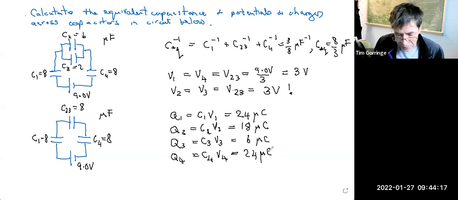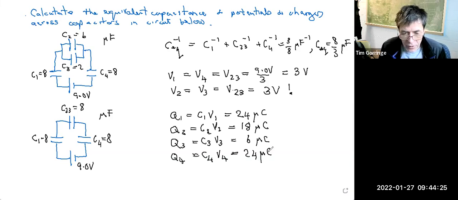Anyway, that problem was a walk through, a stroll through, or run through, an electrical circuit involving a network of capacitors over which we'd applied some voltage from a battery.